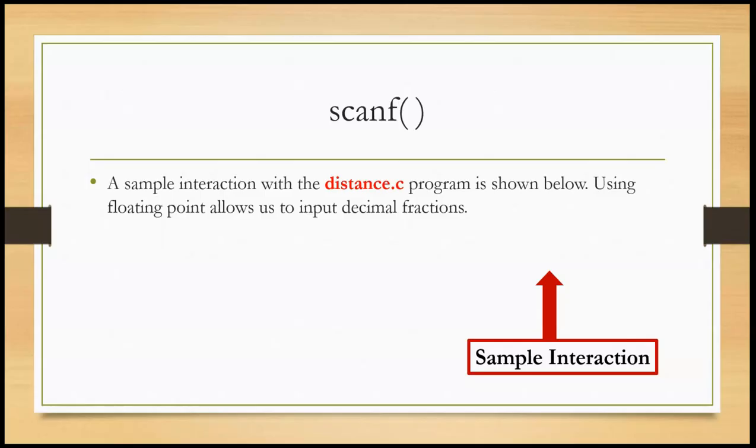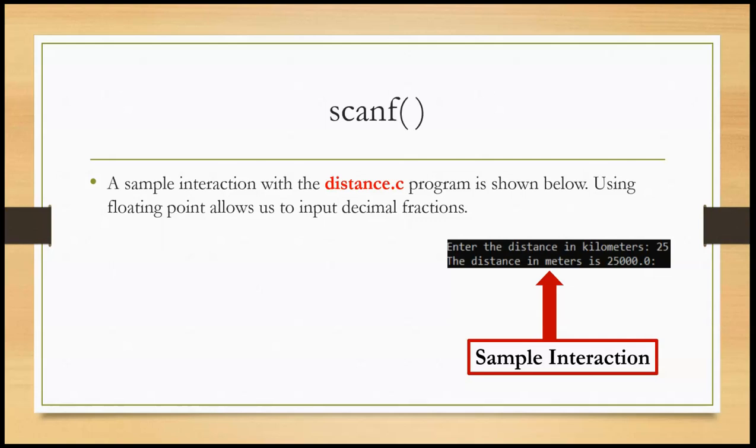Using floating point allows us to input decimal fractions. The first printf statement prompts the user to enter the distance in kilometers. Let's say the user types 25. The second printf statement prints the message, the distance in meters is 25,000.0.